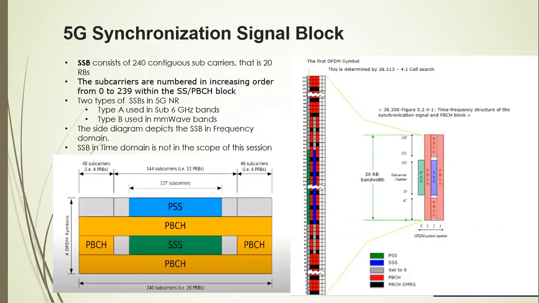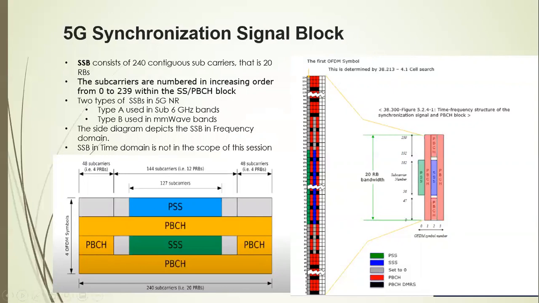We know each resource block spans 12 subcarriers. So 20 resource blocks means 240 subcarriers, starting from 0 to 239. And each SSB comprises the primary synchronization signal, secondary synchronization signal, PBCH, and PBCH demodulating reference signals.